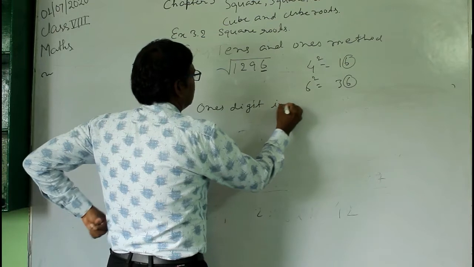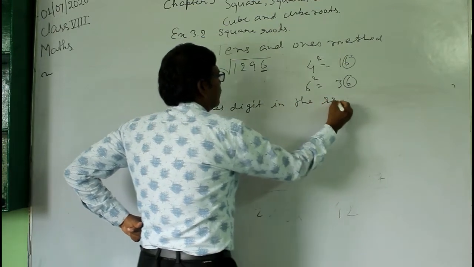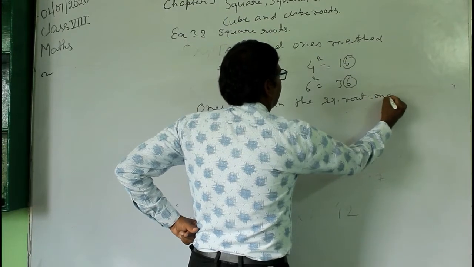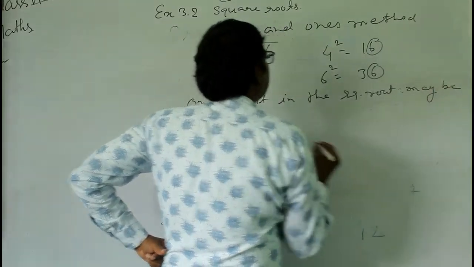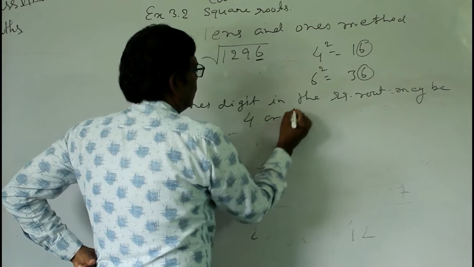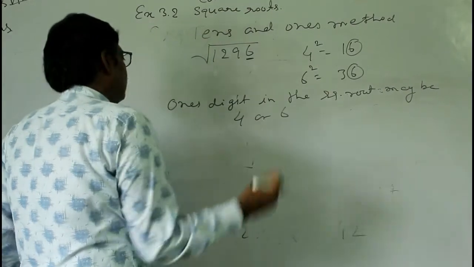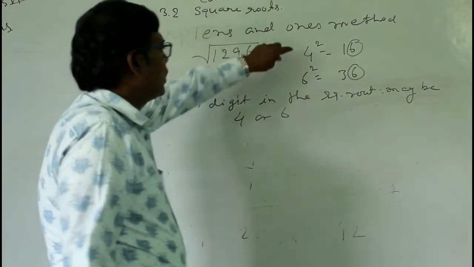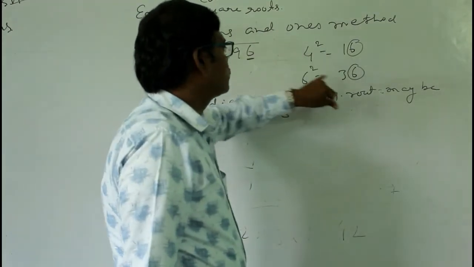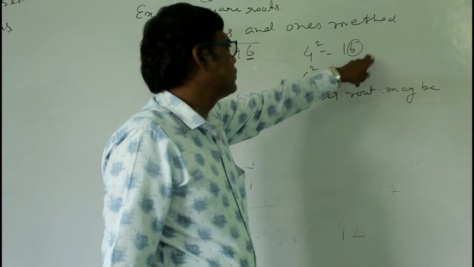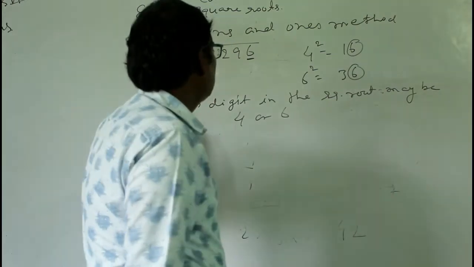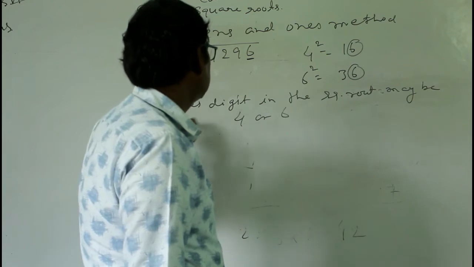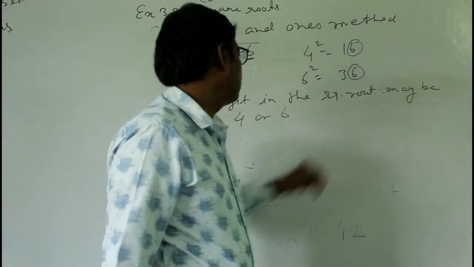It is not clear yet, but because the square of 4 is 16 and the square of 6 is also 36, and in both we have 6, there are two possible values at the ones place of the square root. So the ones digit in the square root may be 4 or 6.